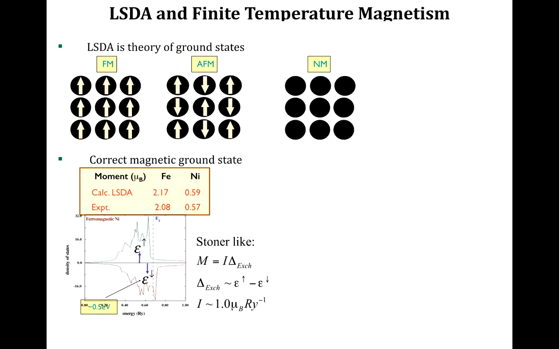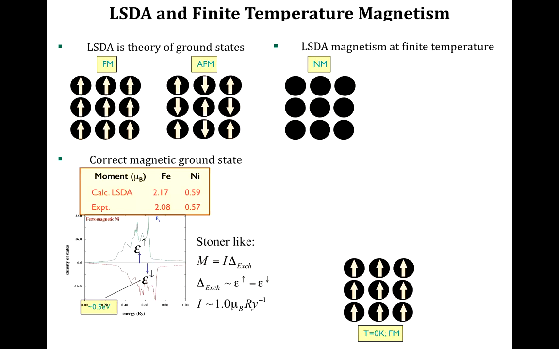The standard theory for quantum mechanical first principles material science is density functional theory. Even in its most fundamental approximation, the local spin density approximation, it gives a good agreement of the ground state with the experimental value for both iron and nickel. So we find the ferromagnetic ground state, but how do we go to the non-magnetic state?